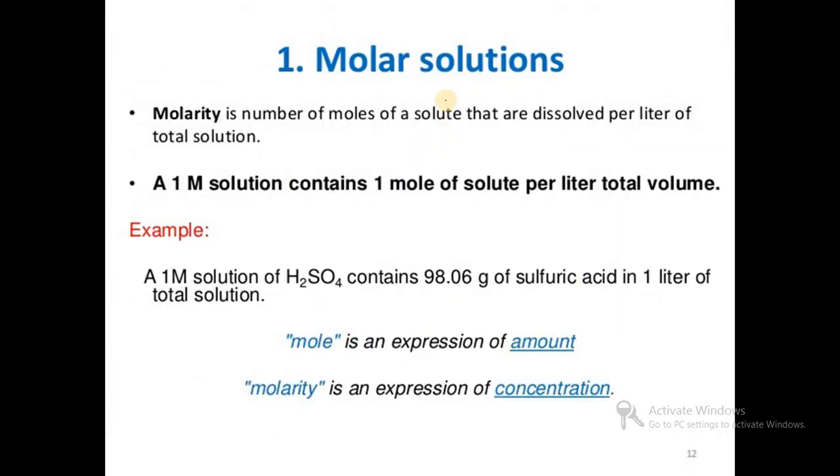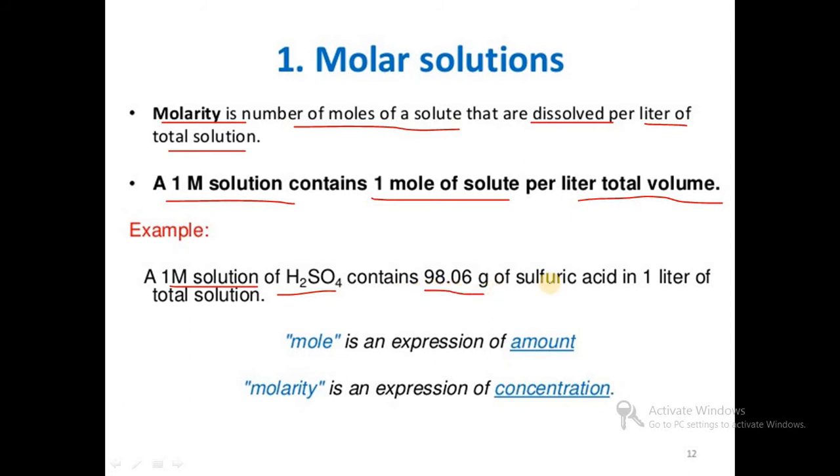Then what is a molar solution? Molarity is the number of moles of solute dissolved per liter of total solution. Molarity means the number of moles of solute present in 1 liter of solution. A 1 molar solution contains 1 mole of solute per liter of total volume. For example, a 1 molar solution of H2SO4 contains 98.06 gram of sulfuric acid in 1 liter of total solution.